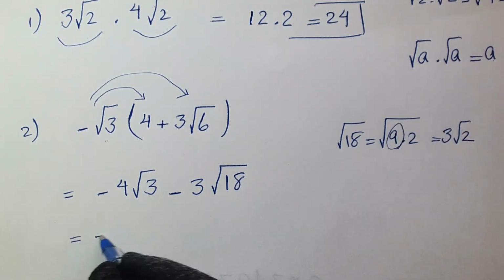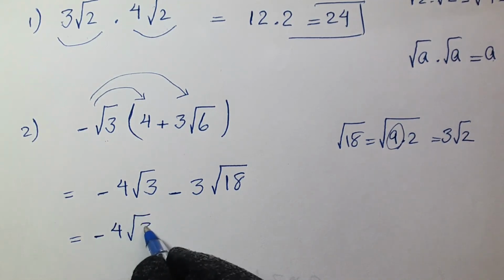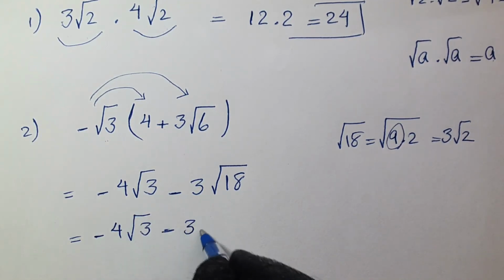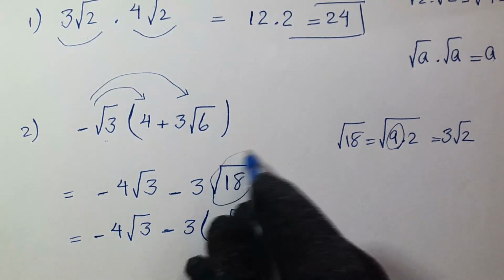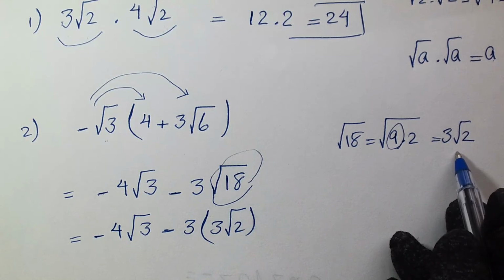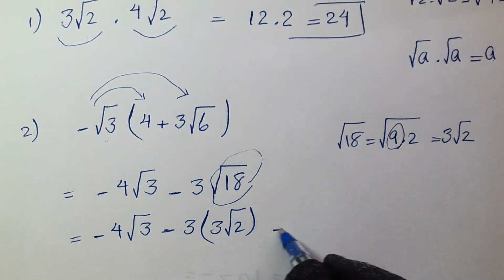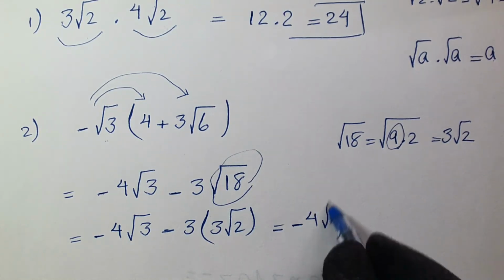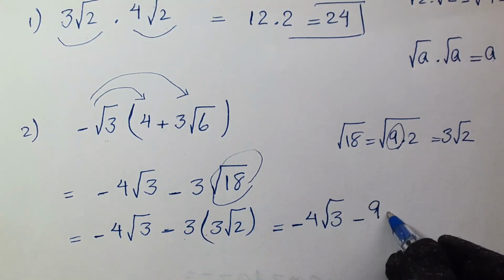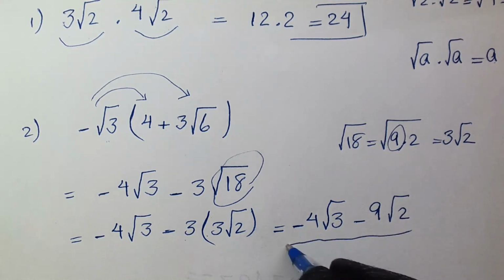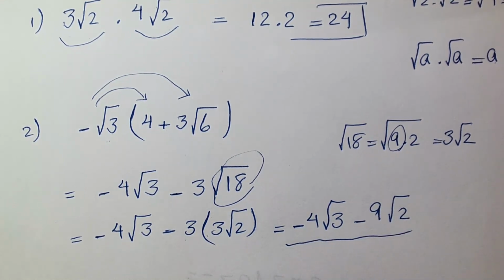So I can rewrite this as negative 4 square root of 3 minus 3 times 3 square root of 2, which is negative 4 square root of 3 minus 9 square root of 2. I cannot simplify more than this because the radicals are not similar and this is subtraction. So this is the final answer.